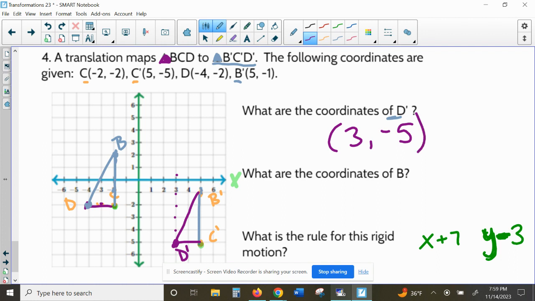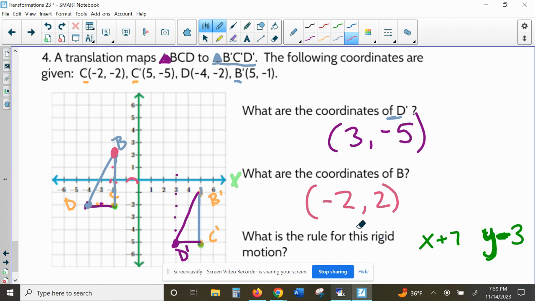What are the coordinates of B? So the plain old B, not the prime. Those primes are little. So we want to know what this pink guy is. So he is backwards 1, 2, and then up 1, 2. So he is at negative 2, comma, positive 2.